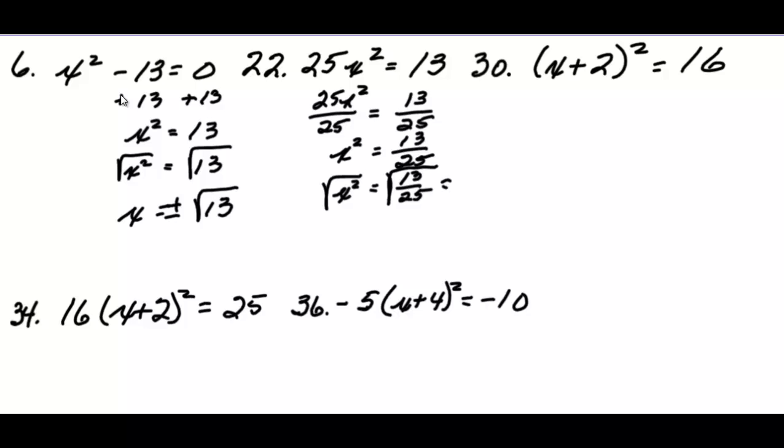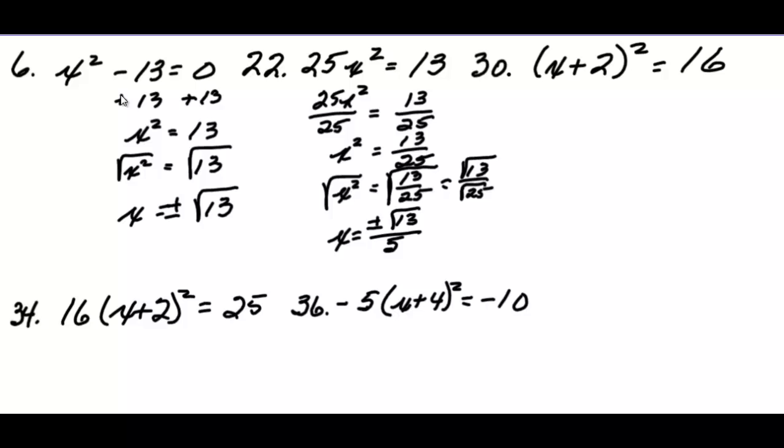But that's the same thing as saying the square root of 13 over the square root of 25. And the reason I do that is because now I can say x equals plus or minus the square root of 13 over 5, because the square root of 25 is just 5.